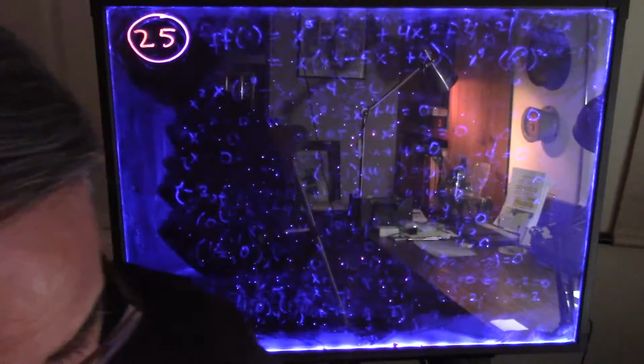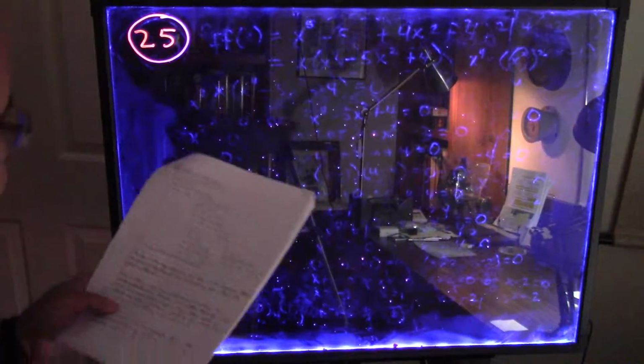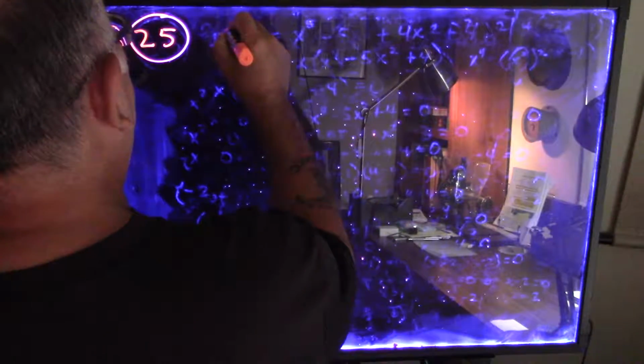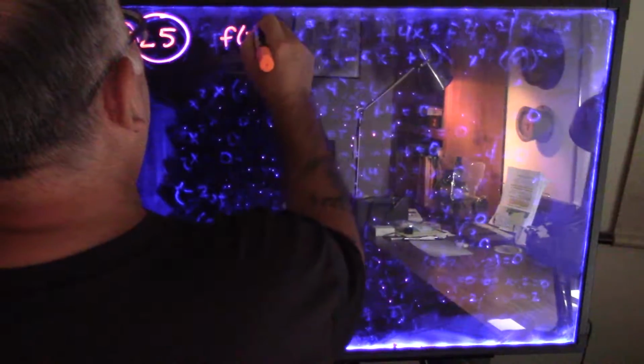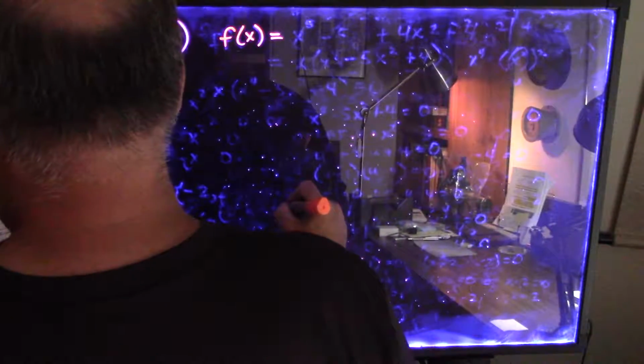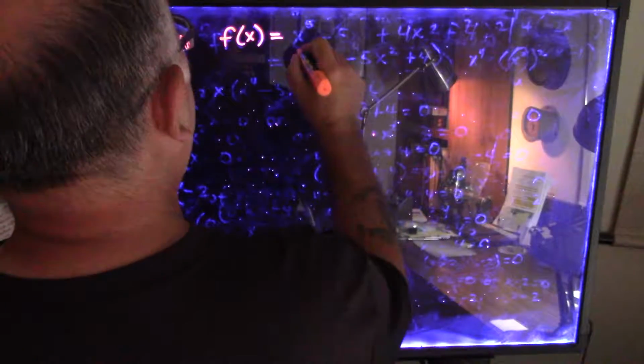So let's take a look at this function here. This is a polynomial, f of x is x cubed minus 9x.